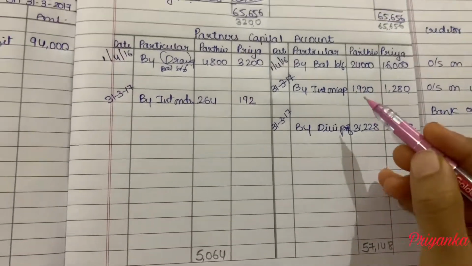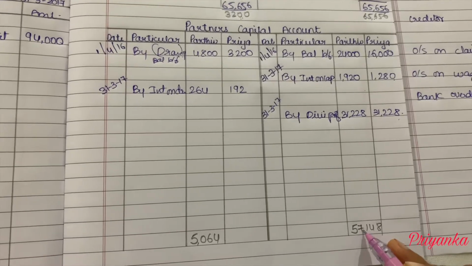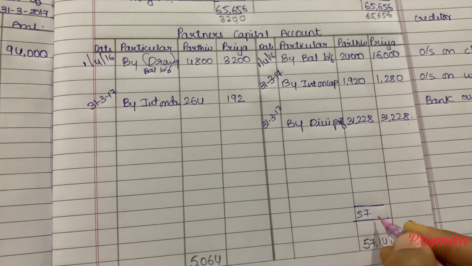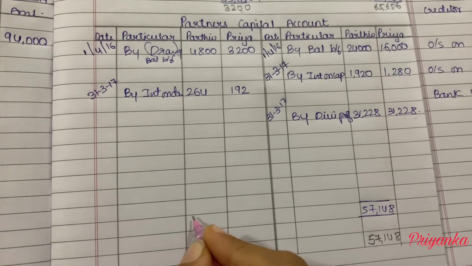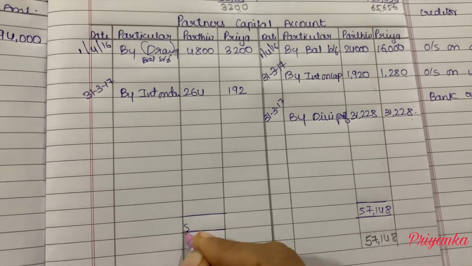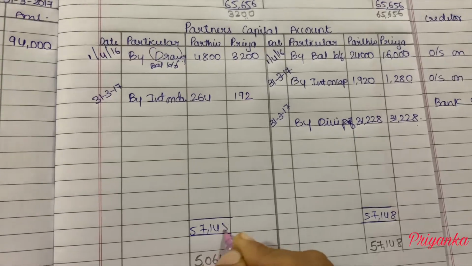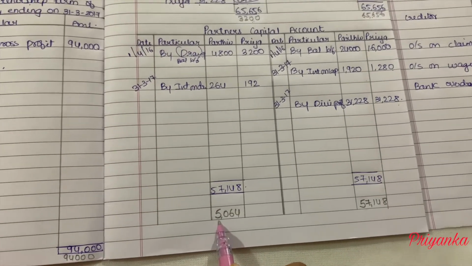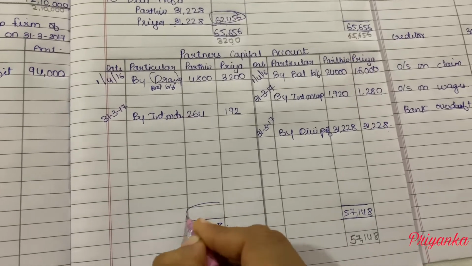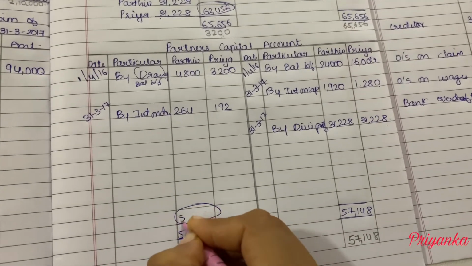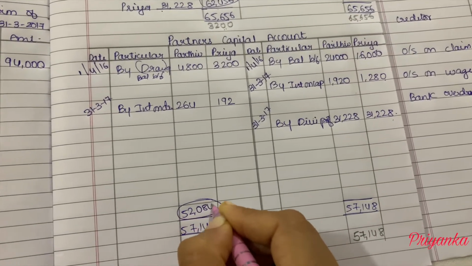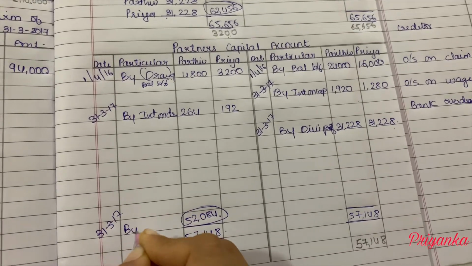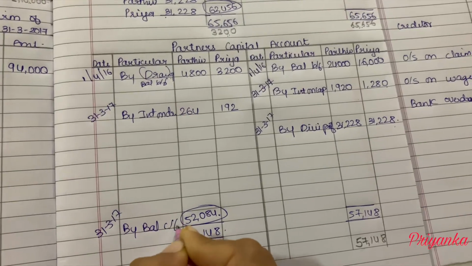First I put the total of Parthiv. Credit side is more, so write down both the sides 57,148 in your next column as well. And here the amount is less, so here we'll get the difference of rupees 52,084, which would be written as a closing balance c/f.